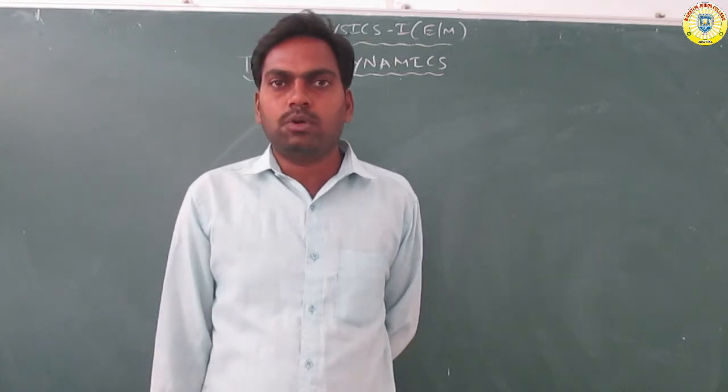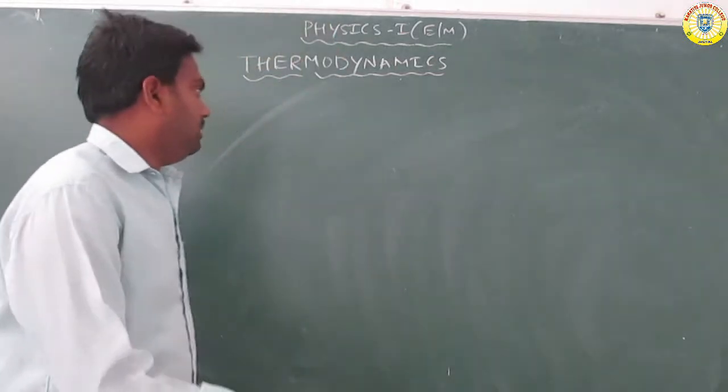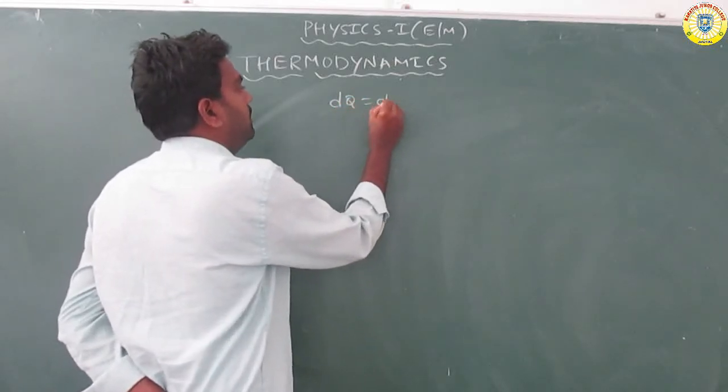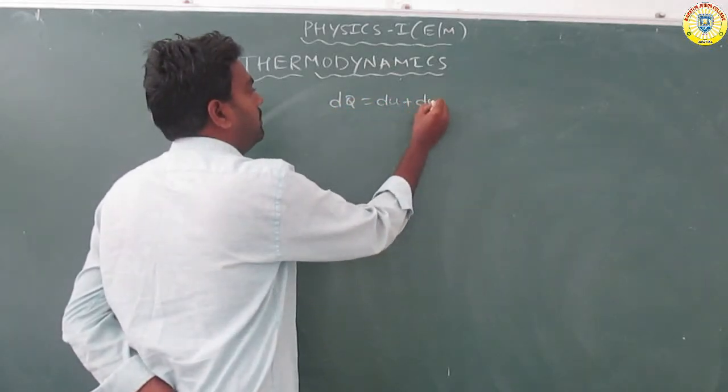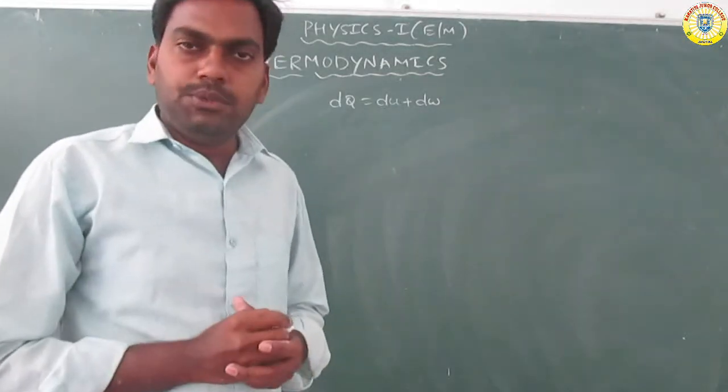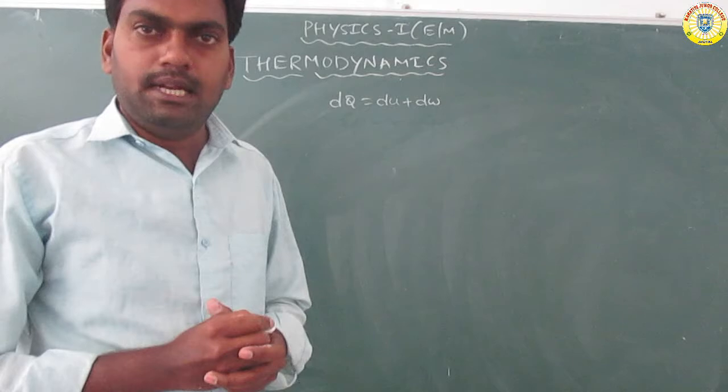So the first law of thermodynamics is dQ equals dU plus dW. We can write the first law as dQ equals dU plus dW.